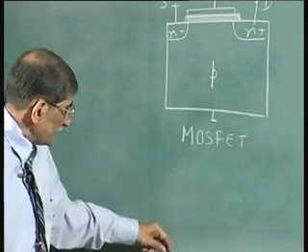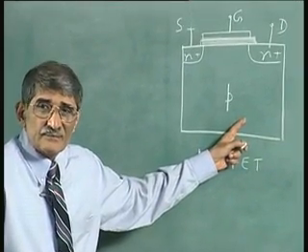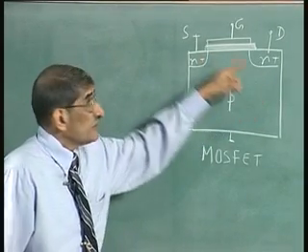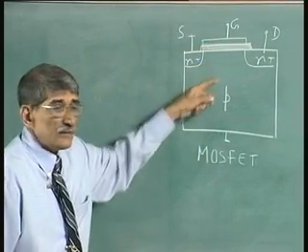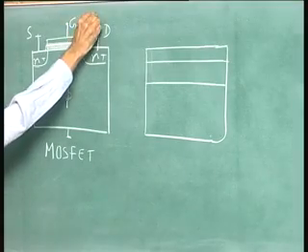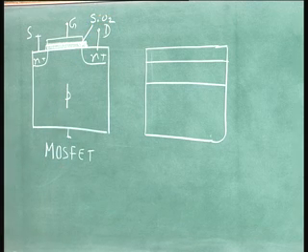In the case of MOSFET, P channel, P type substrate, n plus source, n plus drain. Between the gate and the substrate, what do you have? You have SiO2, an insulating layer with epsilon r equal to 4.